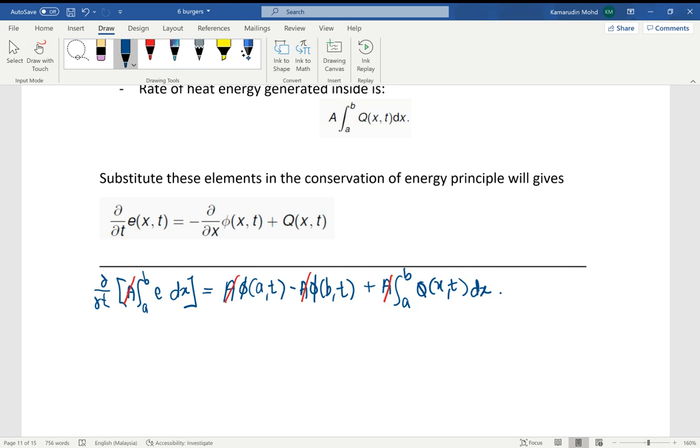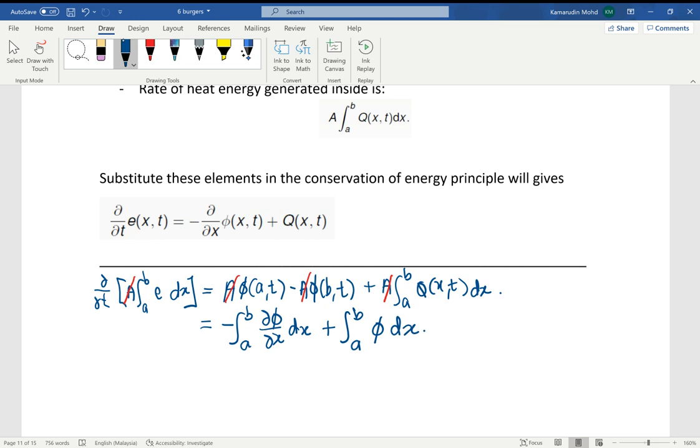Next, I will change the second term into the form of integration. As we learned in the traffic flow problem, this is equal to the negative of the integration from A to B of d phi dx. So now on the right, for the second term, we have this. For the last term, the same, so I write it back here.